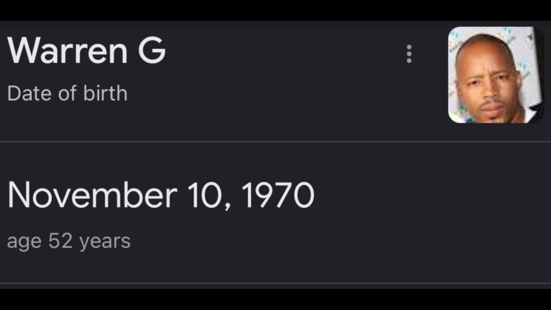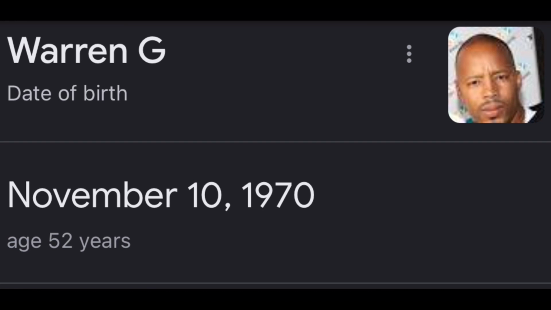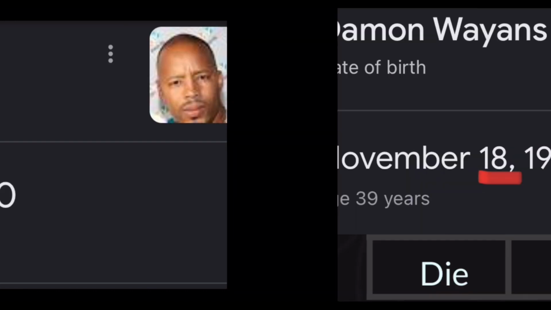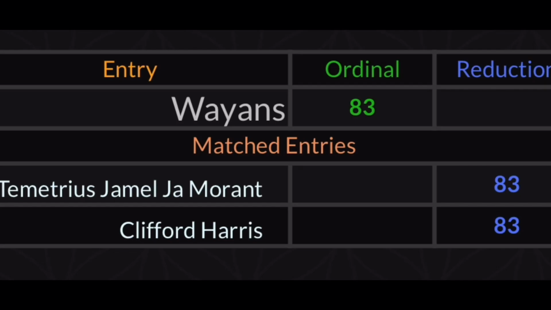And then 1 month after 21 Savage's birthday, we get Warren G's birthday on November 10th. And Damon Wayans Jr.'s birthday is 8 days after Warren G's birthday. So that's a big connection right there. And he's born on November 18th, and die equals 18. So not only are their birthdays very connected to death, but also their names equal 83.